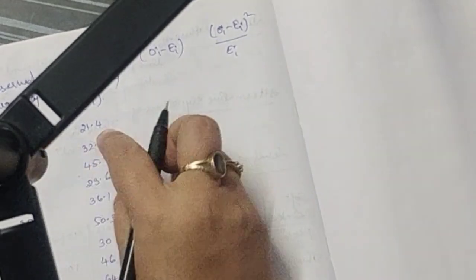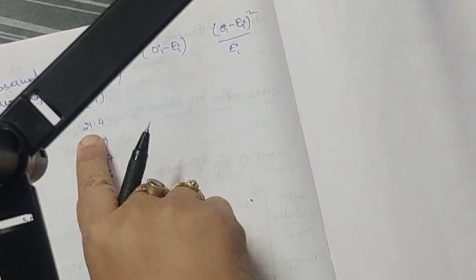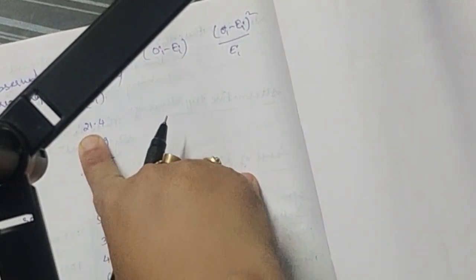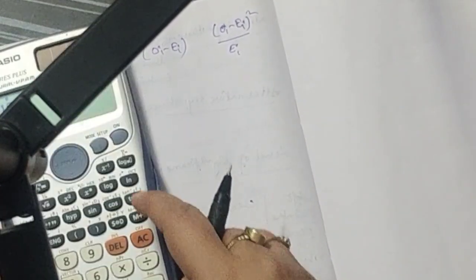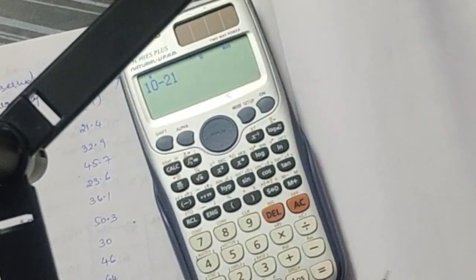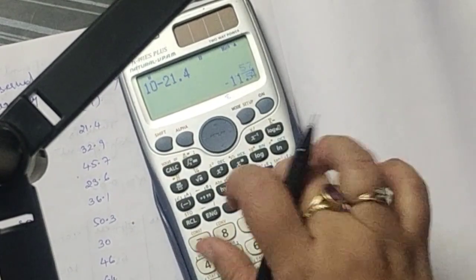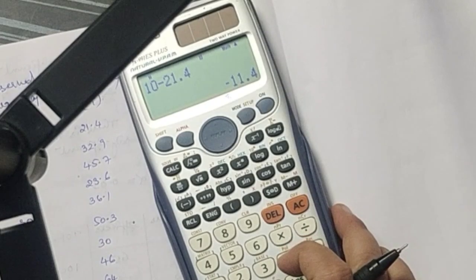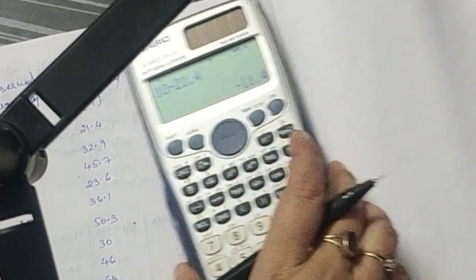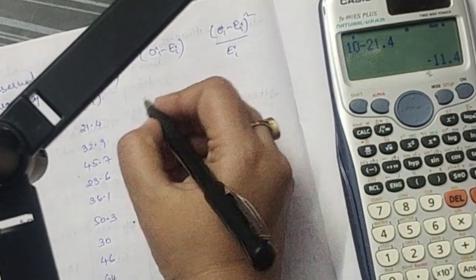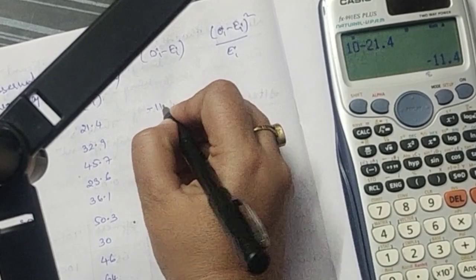Now subtract it. 10 minus 21.4, which is equal to, how much is it coming, minus 11.4.